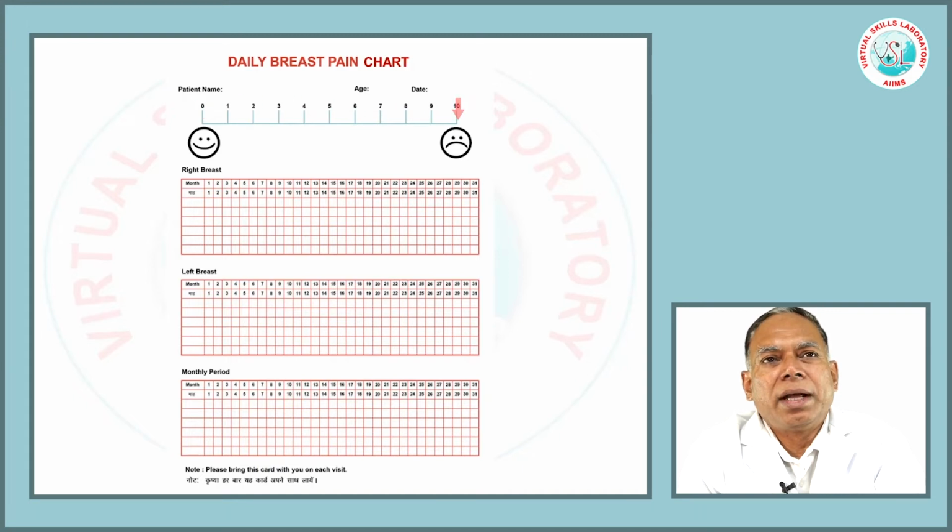The 0 indicated by a smiling face on the left side on the day when she has no pain, and 10 represented by a facial look with severe pain on the right side. And then she records her pain on a day-to-day basis. Every night just before going to bed, she records her pain experience in a numerical form.